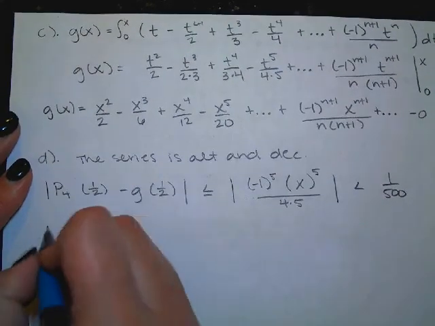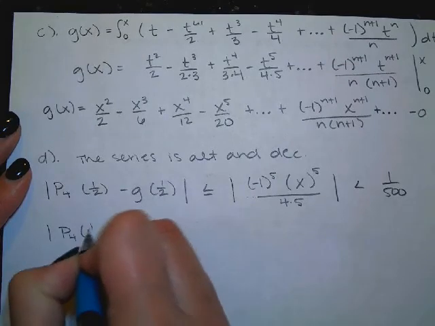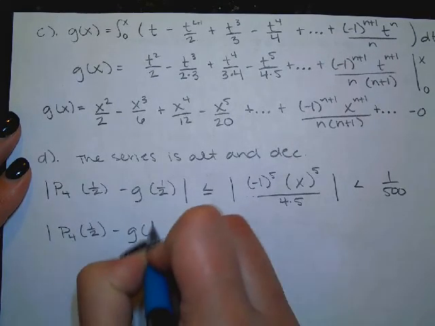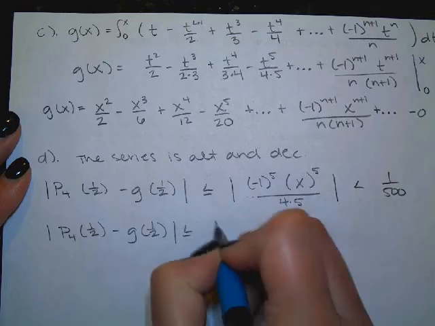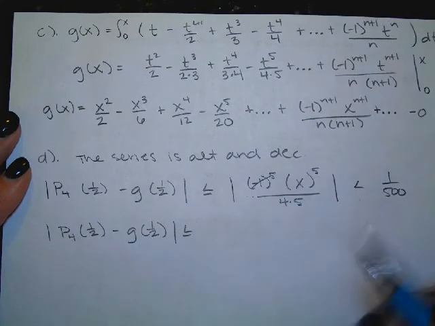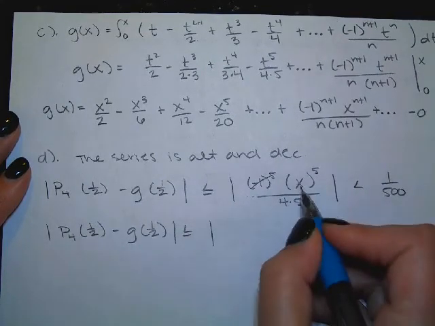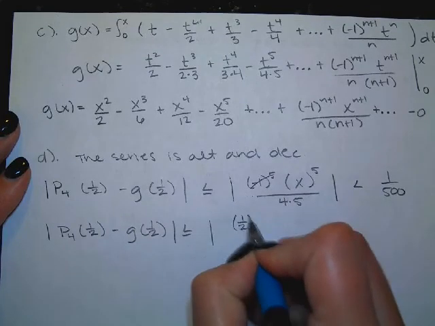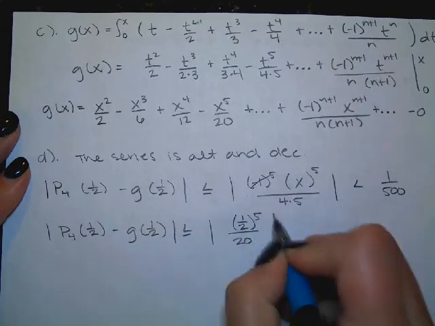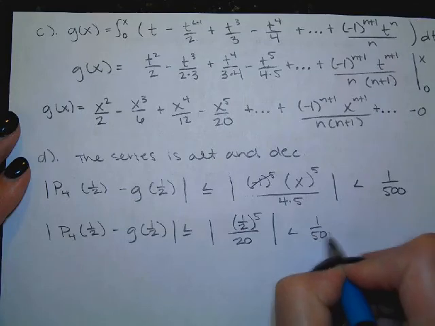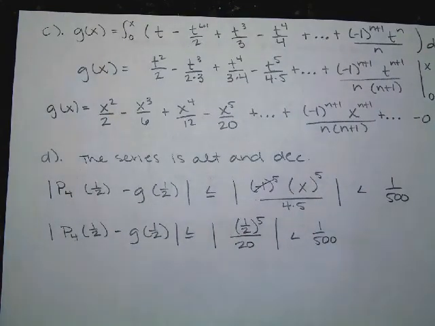All right, so I've got this. Negative 1 to the 5th is not going to do anything, so I'll just ignore that. Plugging 1/2 in, 1/2 to the 5th over 20. And you could leave it there, to be honest.